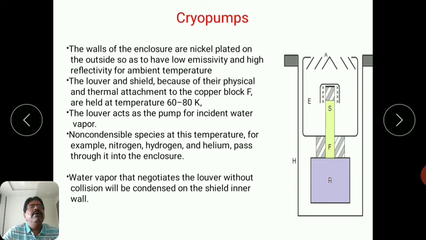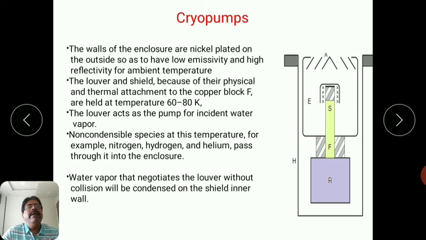The walls of the enclosure are nickel plated on the outside so as to have low emissivity and high reflectivity for ambient temperature. There should be a high reflectivity to the ambient temperature, and therefore they are nickel plated.